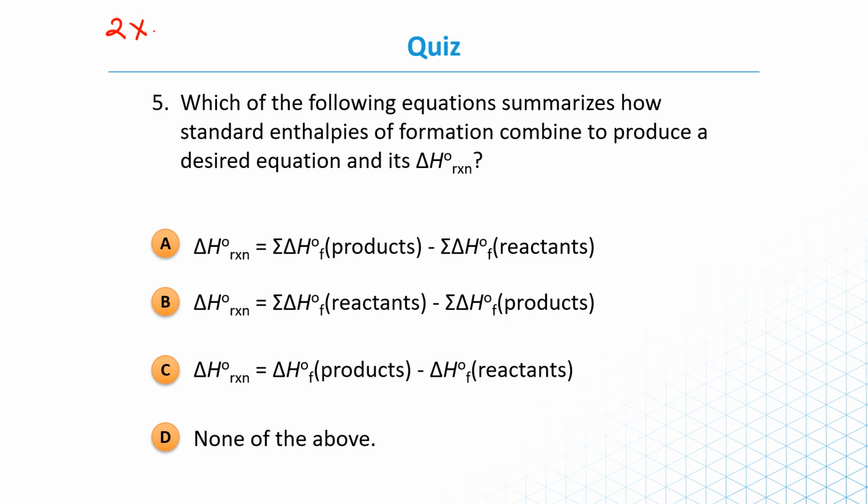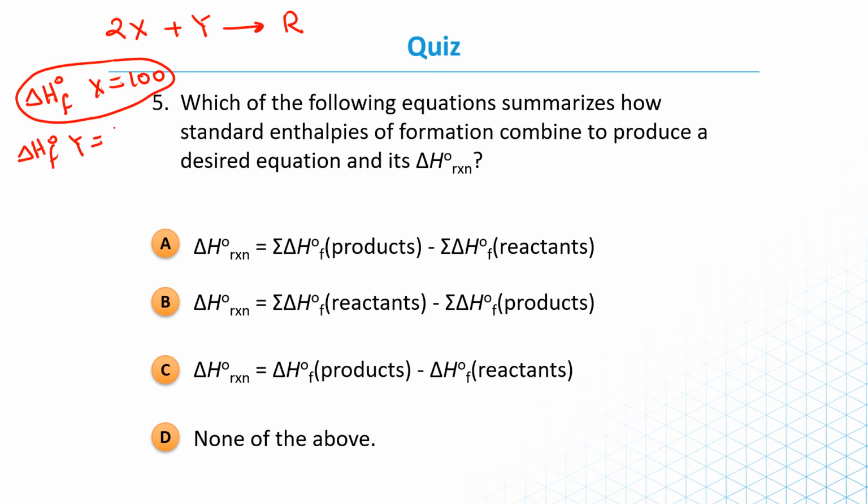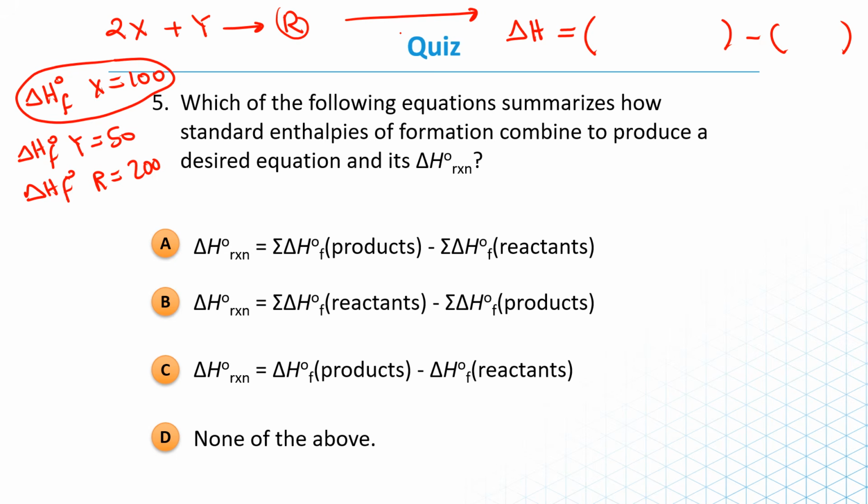If you have 2X plus Y gives me R, and the delta HF naught of X equals 100, okay, and the delta HF naught of Y equals, for example, 50, and the delta HF naught of R equals 200, then when we use the summation equation, the delta H is going to be the products minus the reactants, right?